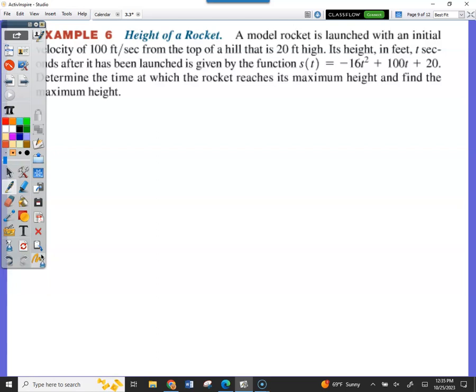But because it went straight up in the air and came straight back down over the course of time, if I graph it, it's going to look like a quadratic, which is a very common misconception in math. People think the quadratic is the path of the rocket. It is not. The quadratic is its relation in terms of time, as time is passing, and where it is in the air.